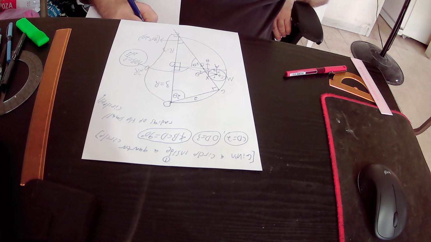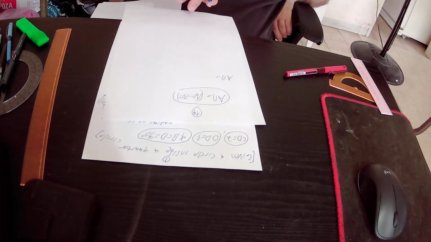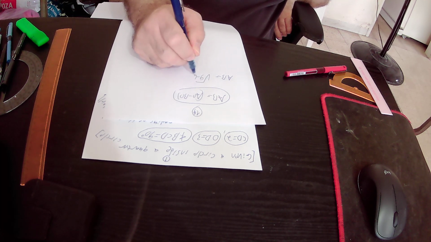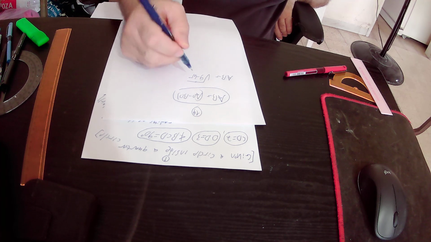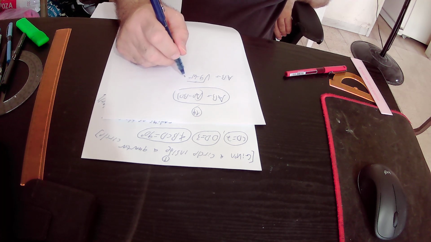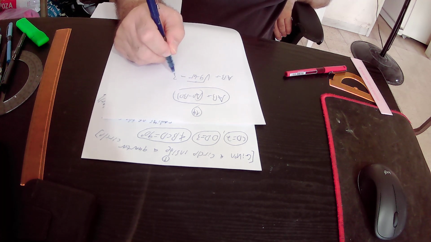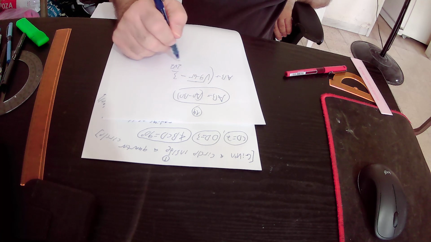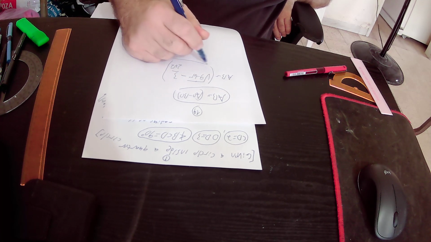AB will be equal to AO, which is the root of 9 minus 6r, minus BO. BO equals 3 over 2 times root 2. Okay, so that is the value of AB.